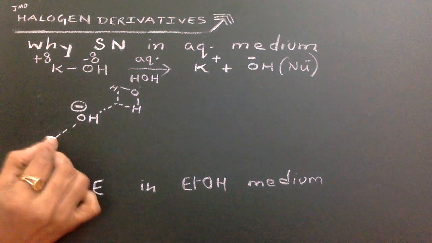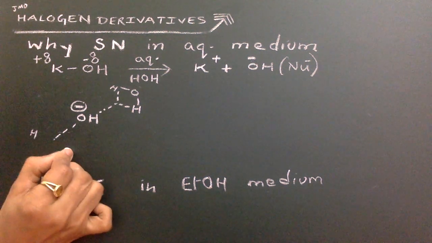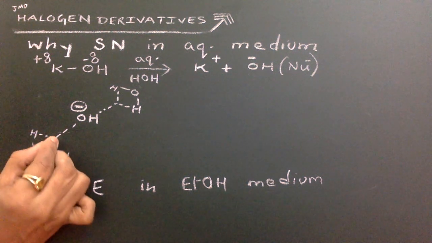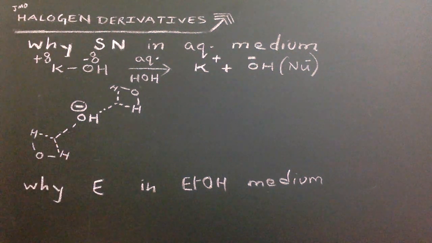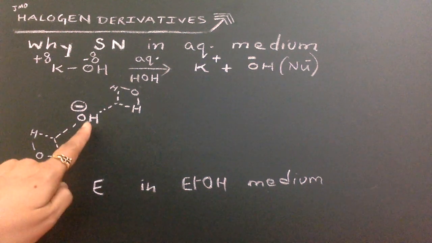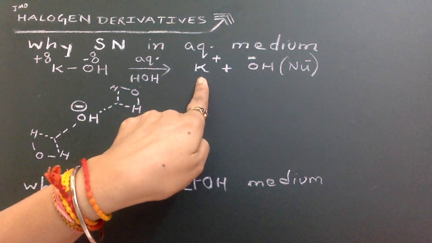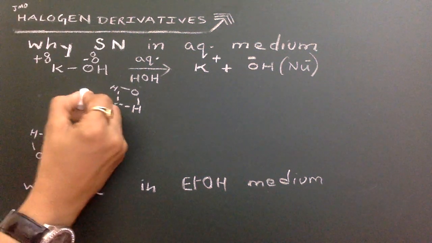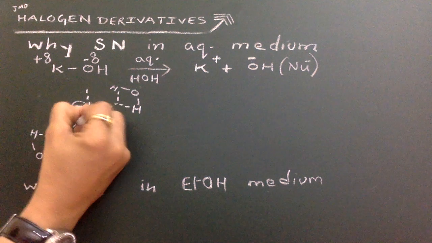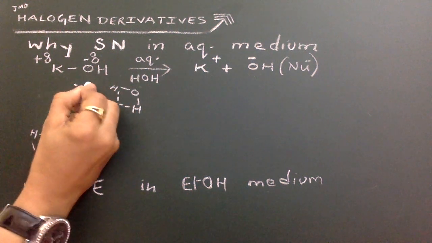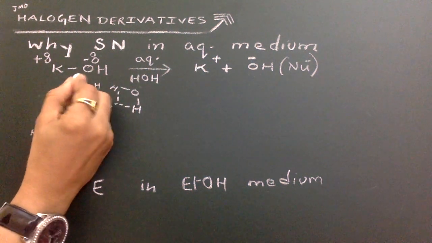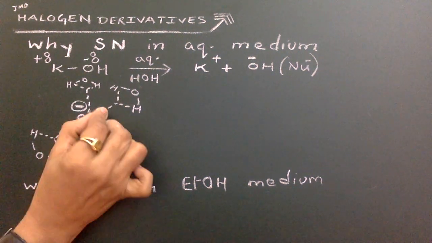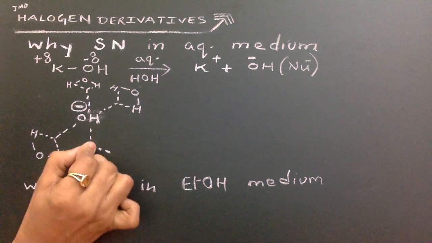See how the molecule of water is getting attracted to OH from all sides, and it is not allowing OH minus to combine back with K plus and make KOH, but the OH minus is stabilized. Again here, this is how it is making bond with water. Same thing here. See how it is making bond with a molecule of water.